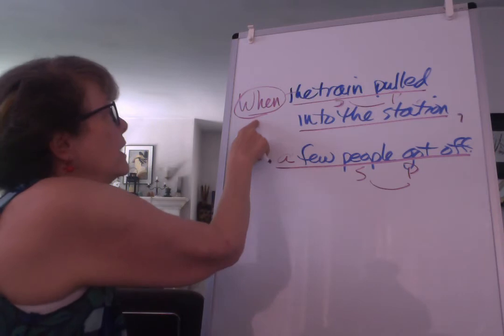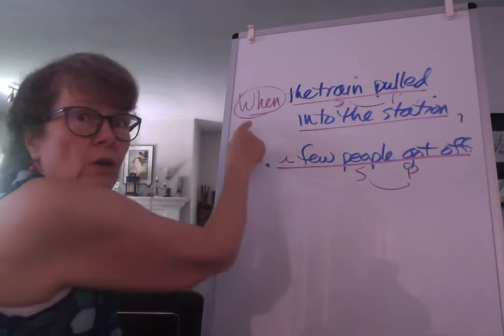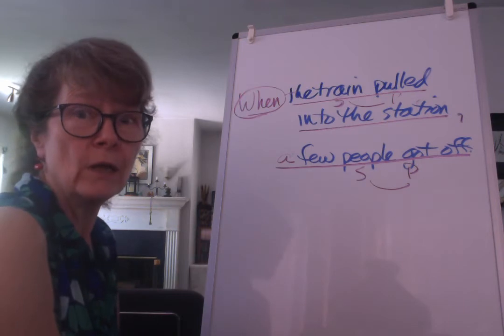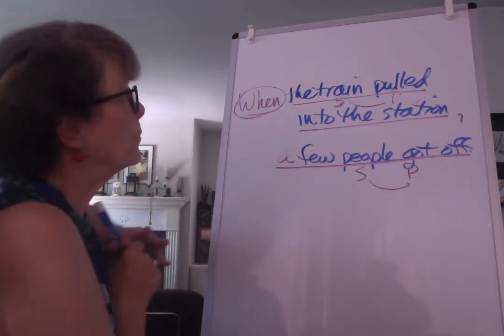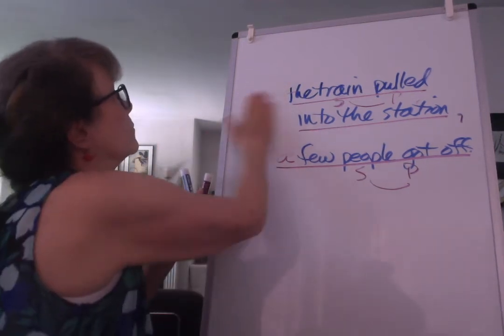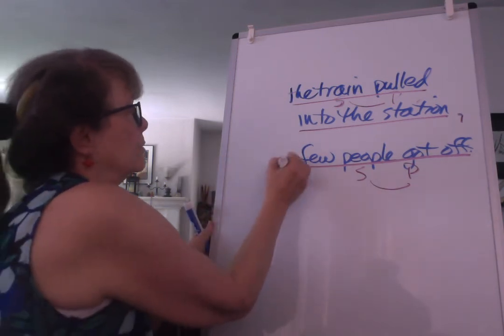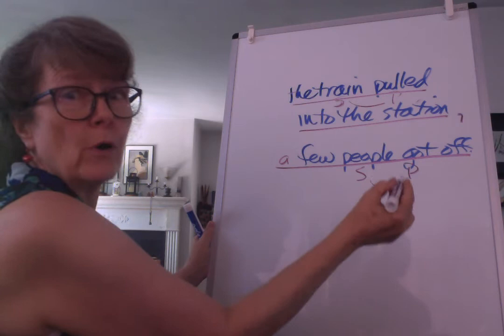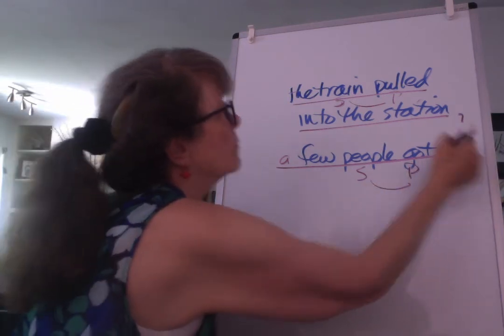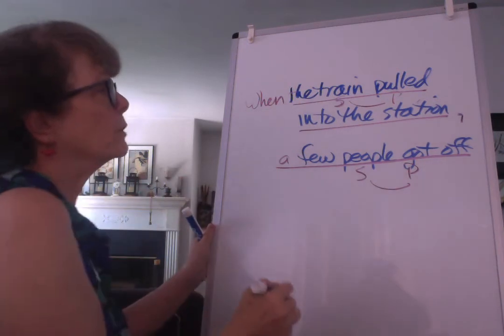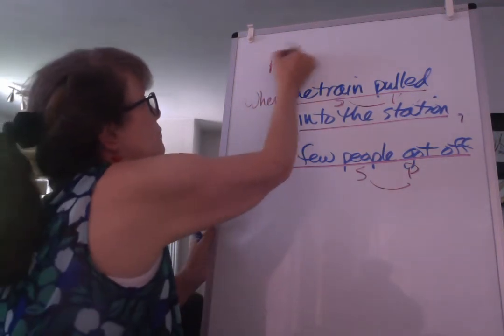Now, the subordinating conjunction can go either before this main clause or this main clause. We could say, for example, a few people got off when the train pulled into the station. We could put this first.